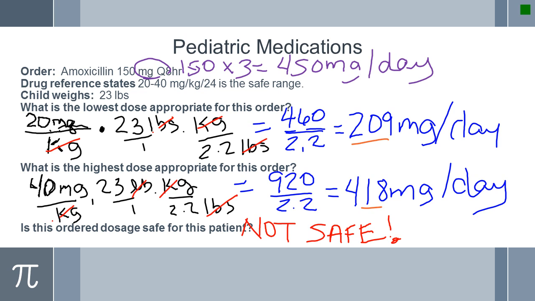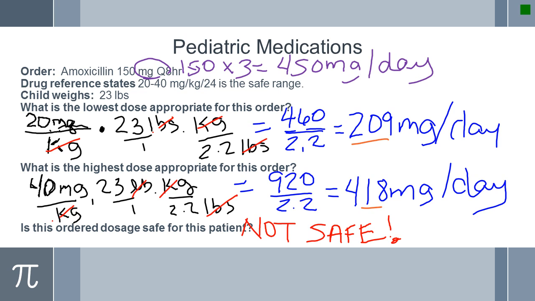So then our order says 150 milligrams every 8 hours. Now these two that we did, our safe dose range was in 24 hours or per day. So we can't compare the 150 milligrams every 8 hours to what we have per day. We have to get it in the same. So looking at my 8 hours, how many 8-hour intervals are there in 24 hours?